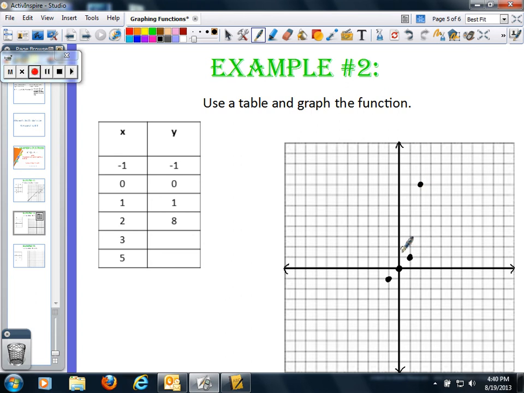Alright. And now we want to see, okay, well, what if I had 3? Alright, so if you notice here, this one goes up by 2. And then it goes up by 2 again. Alright, but this time I go up by 7. Well, that doesn't make a whole lot of sense. Alright, so what else could we notice about this function?